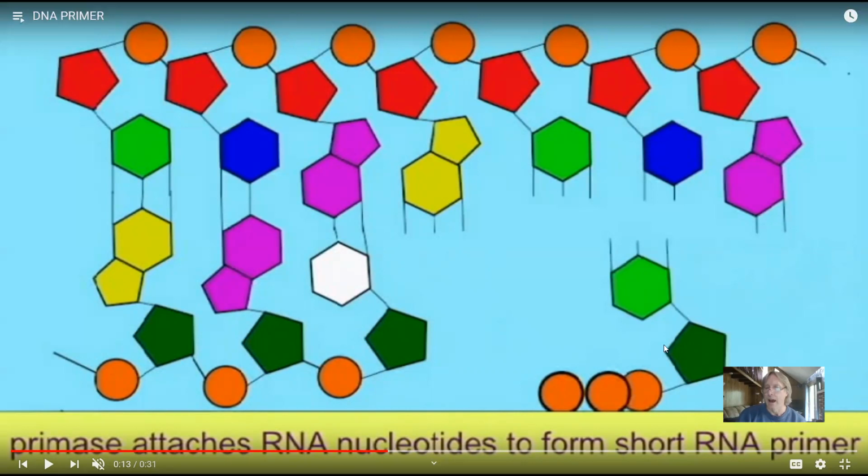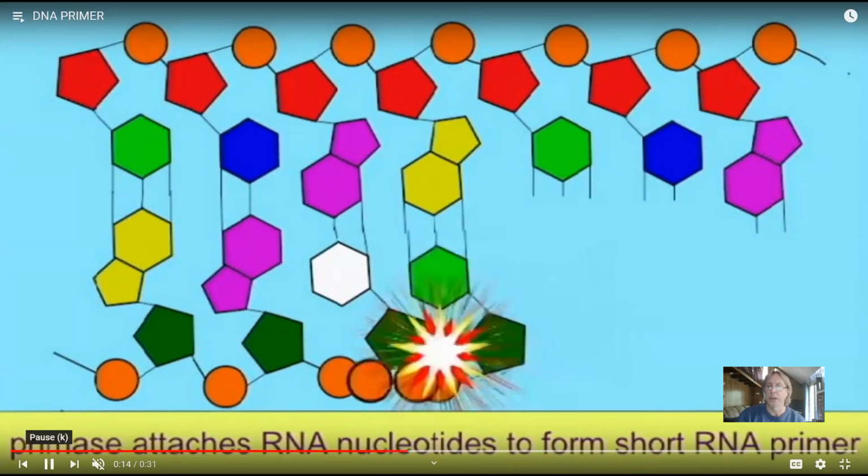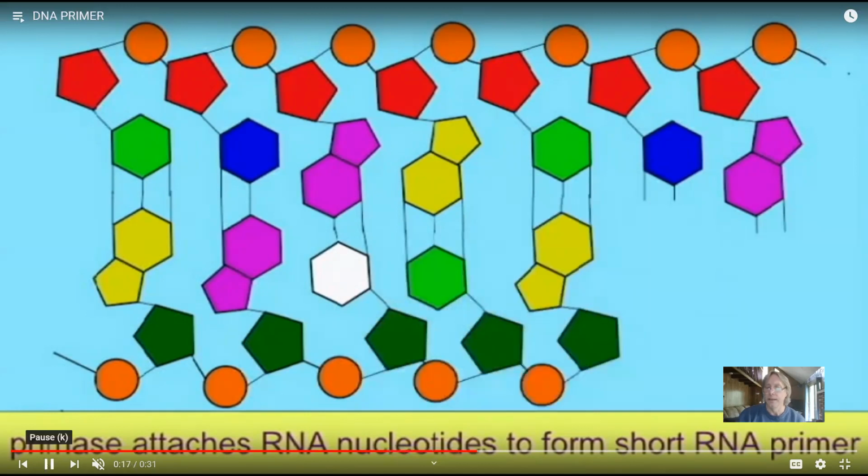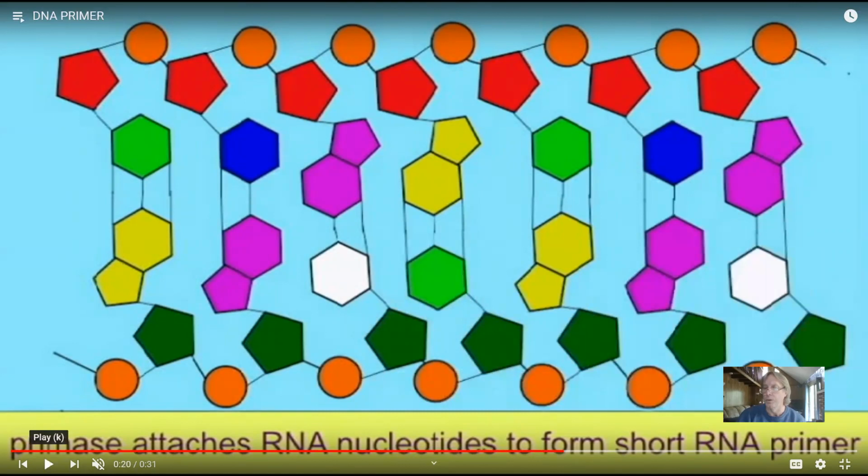And notice that all of the nucleotide precursors are in the triphosphate form. And when you want to add them to a new chain, you remove the phosphates and utilize the potential energy which was stored there in order to make the new bond.